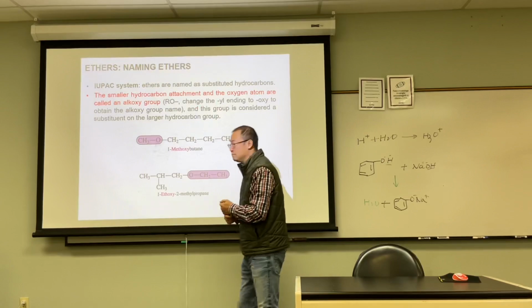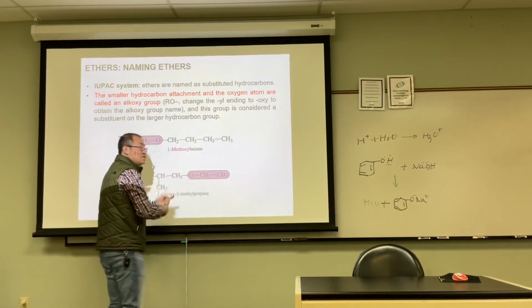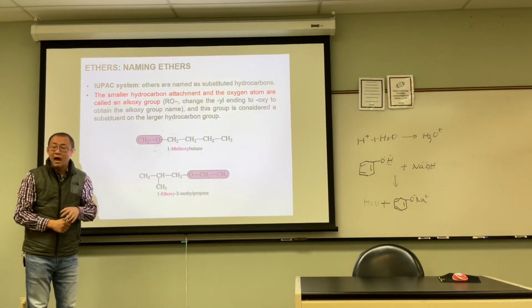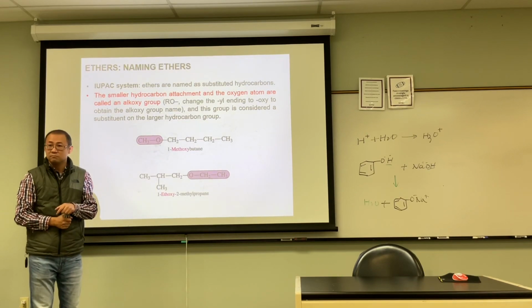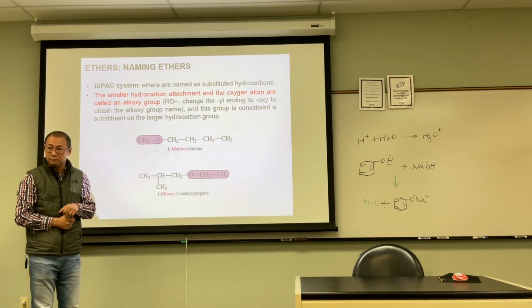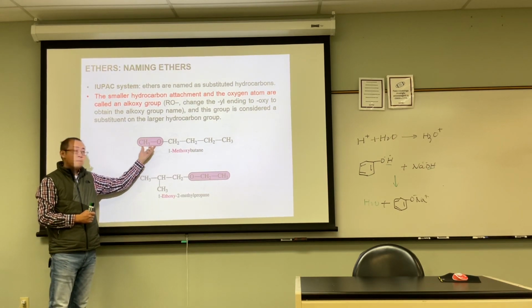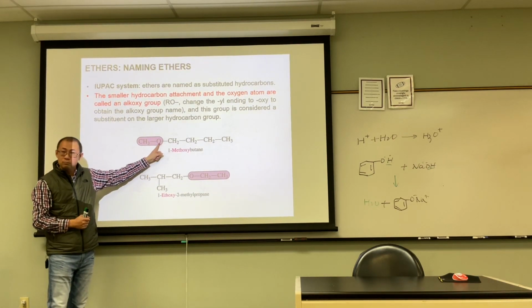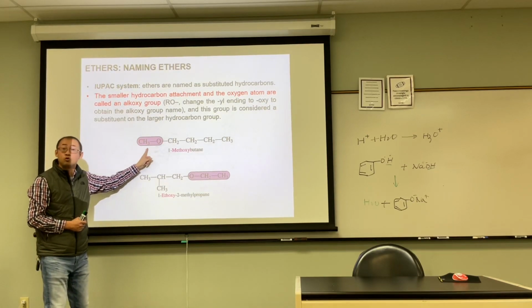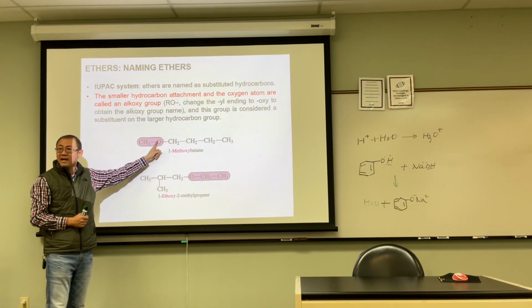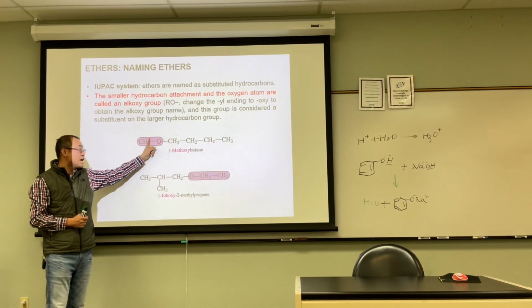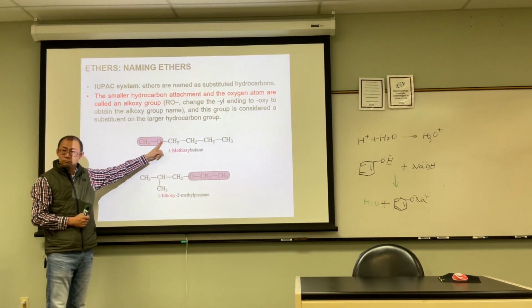When you have an ether, you choose the longer group as the longest chain for the name of the alkane. Then the smaller group plus the O becomes a group of the alkane. Does it make sense, guys? How do we name the smaller group with the O?